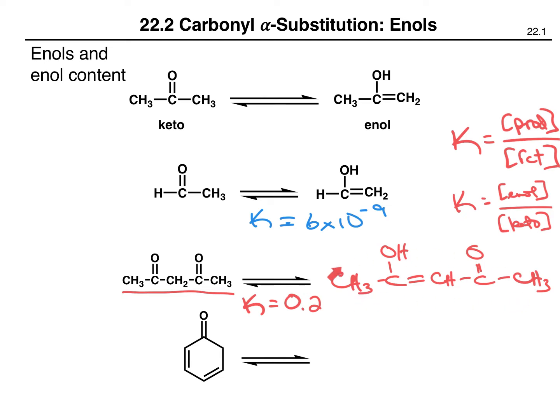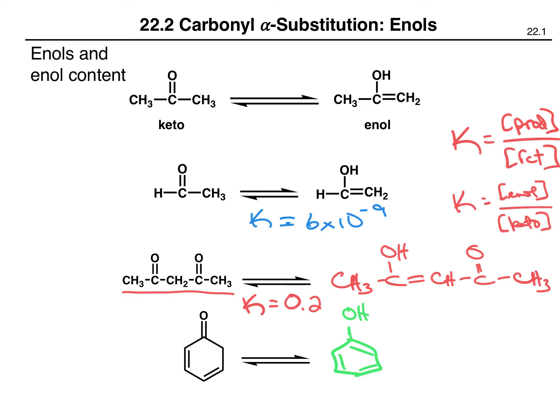In this case, we have a lot of enol form existing, and this is because you'll notice that this double bond is conjugated to the carbonyl, giving us a conjugated system that makes this significantly stable relative to the diketone.